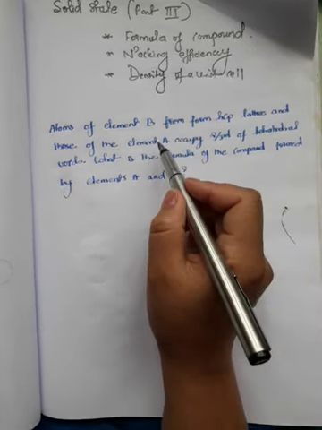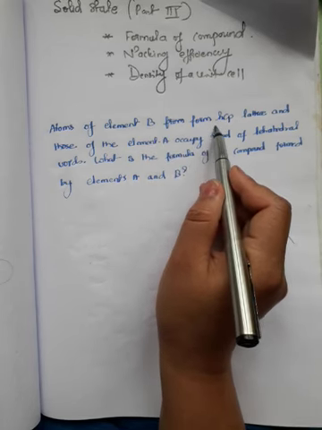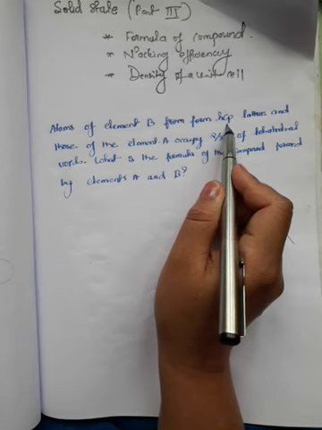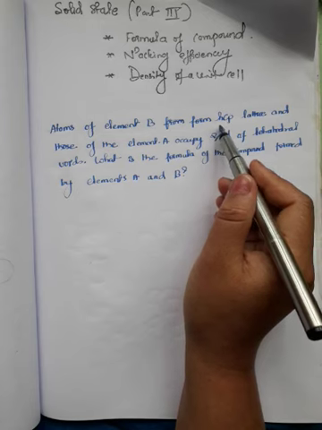So according to the question, B forms HCP. HCP and CCP both have coordination number 12, so we can say that the packing efficiency of both is the same, right?